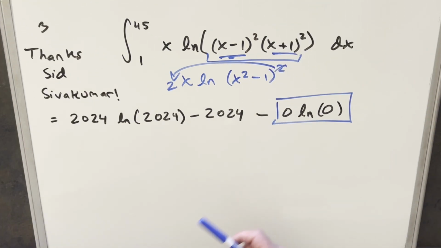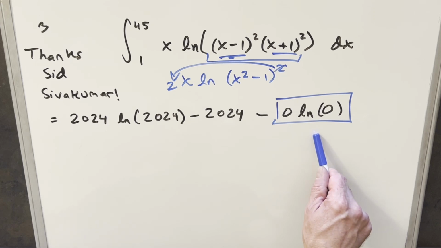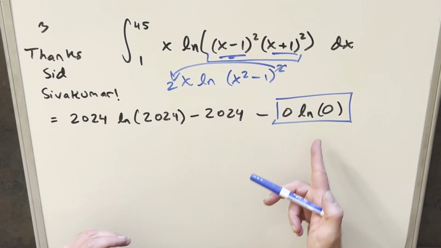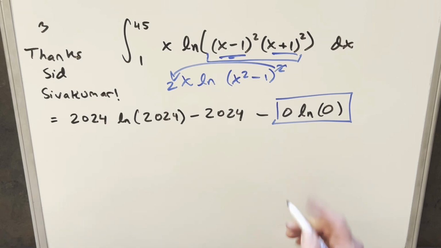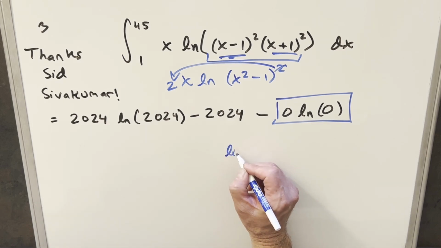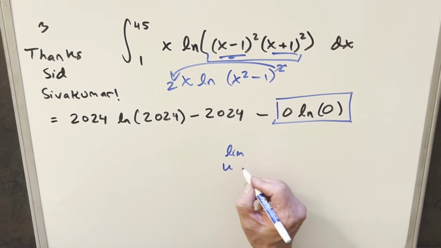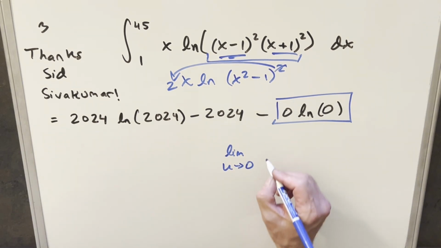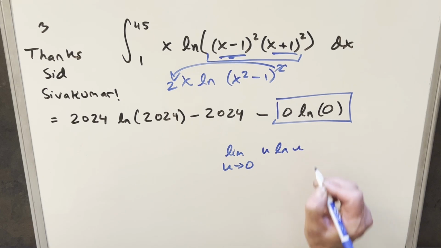Now for this piece right here, usually I just remember the answer and move on, but you also can work out the limit, and sometimes that's the way to go. Maybe your teacher wants you to do that, and it's nice to know how. So we want to look at this as the limit. Our variable was u, so it could be whatever, but we want the limit as u goes to 0 of u ln u.